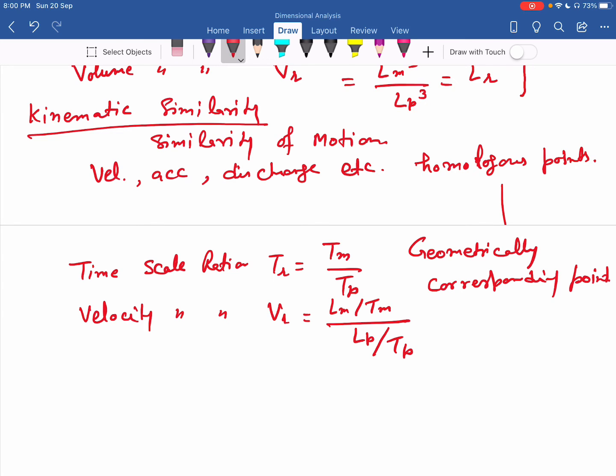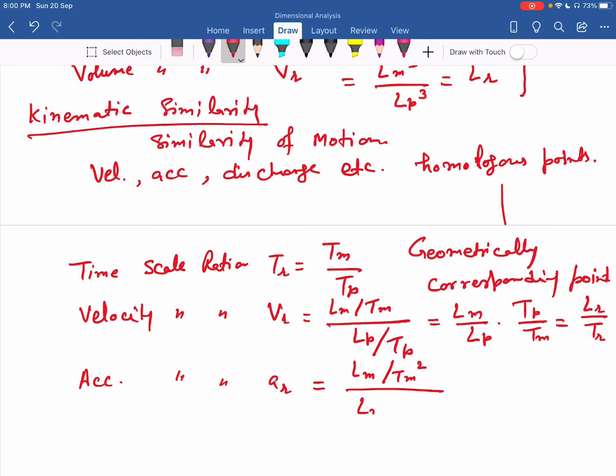So I can write it as LM upon LP into TP upon TM, that is length scale ratio divided by time scale ratio. We have the acceleration scale ratio, AR. We can write it as LM upon TM square divided by LP upon TP square.